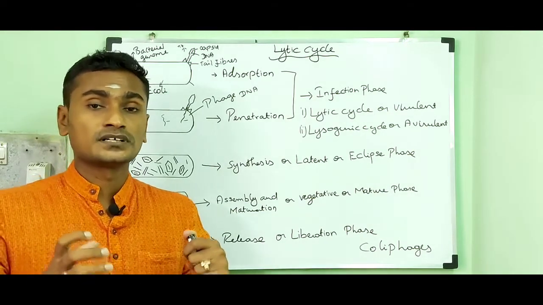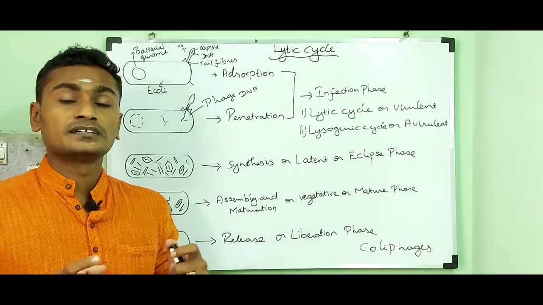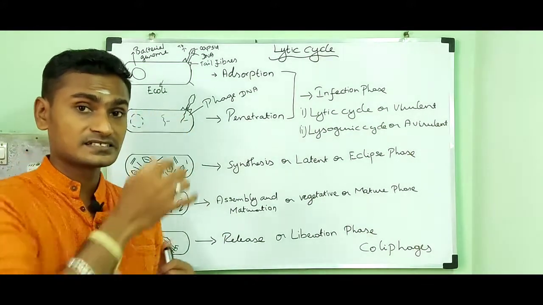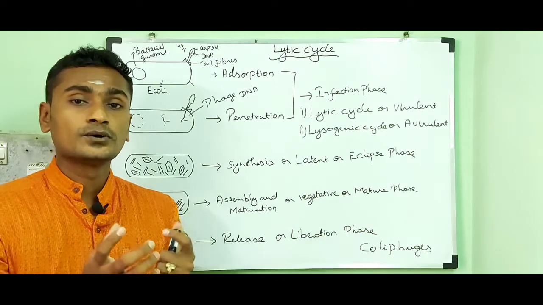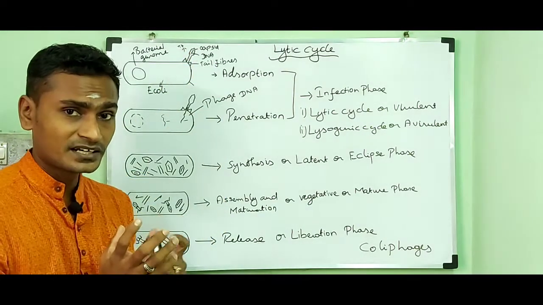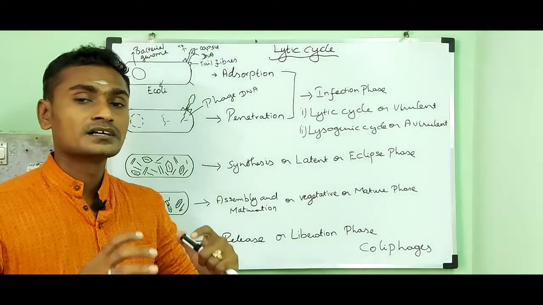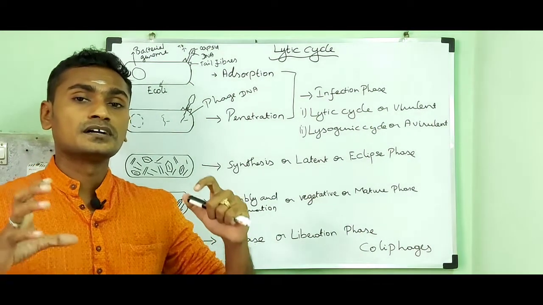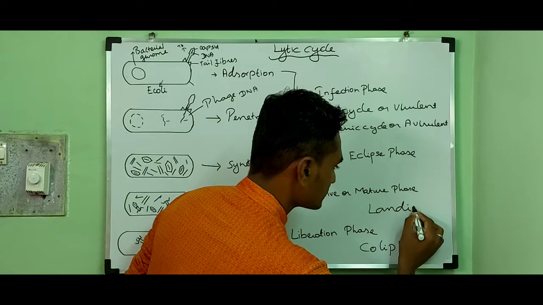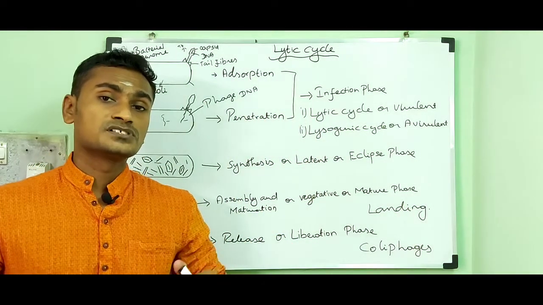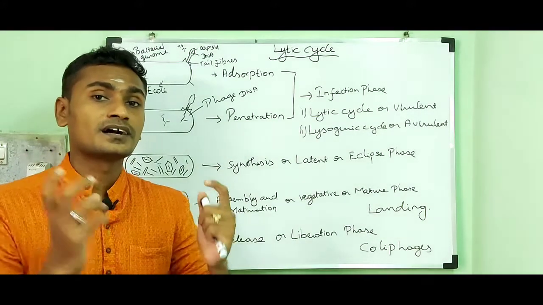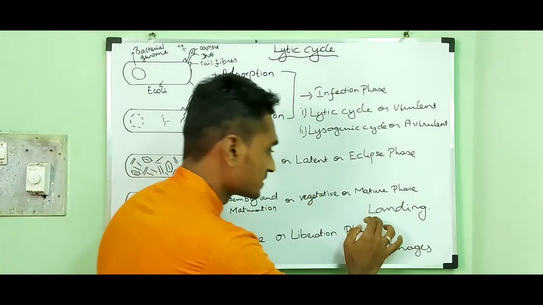The tail fibers recognize a receptor site on the bacterial cell wall and make contact with it, and that process is called landing.